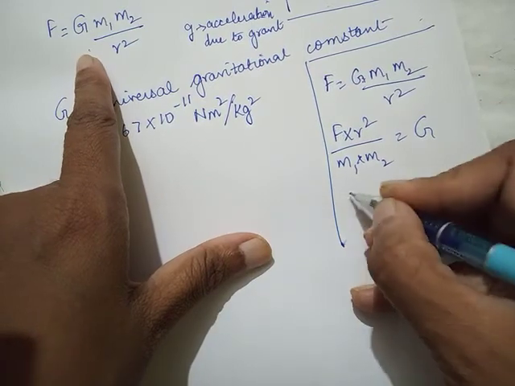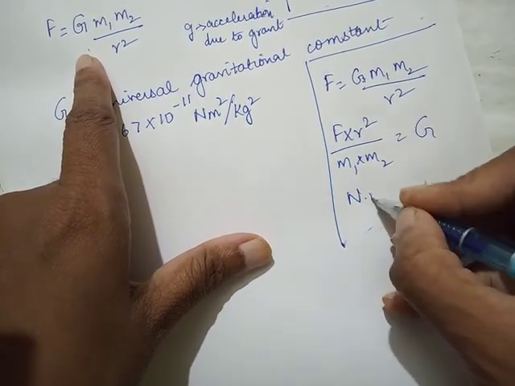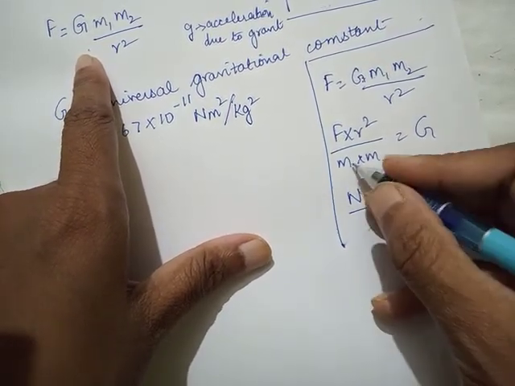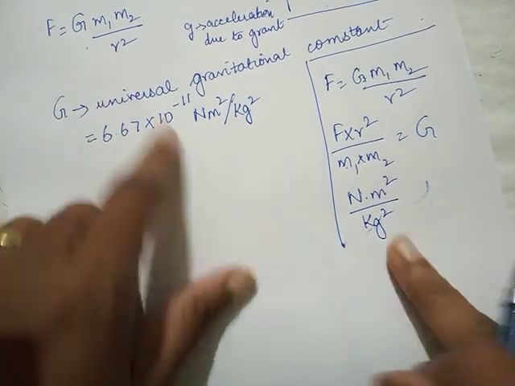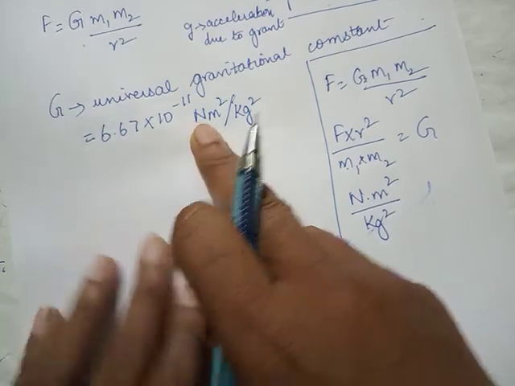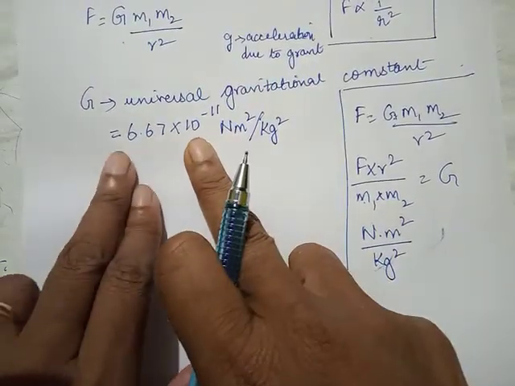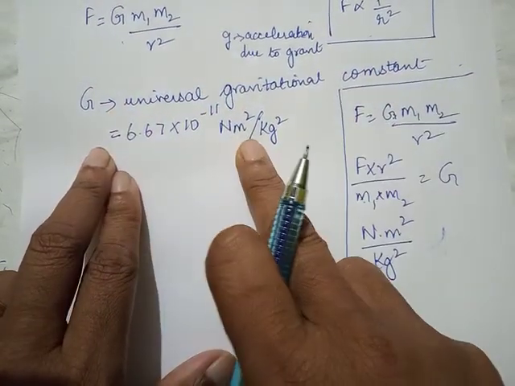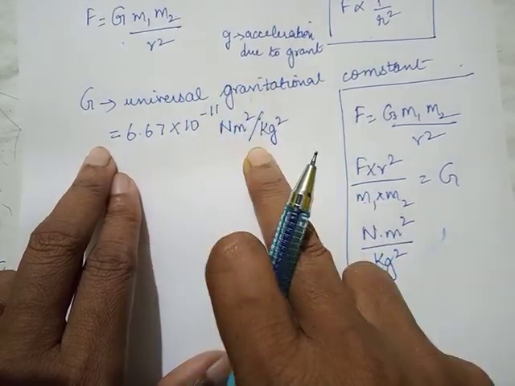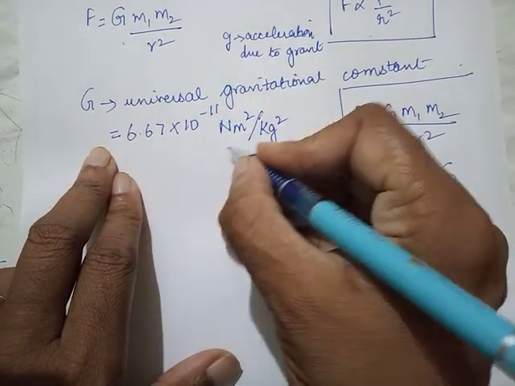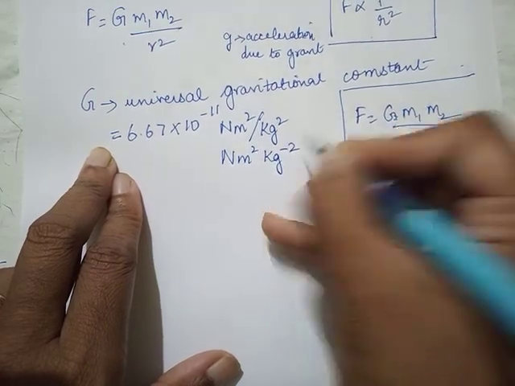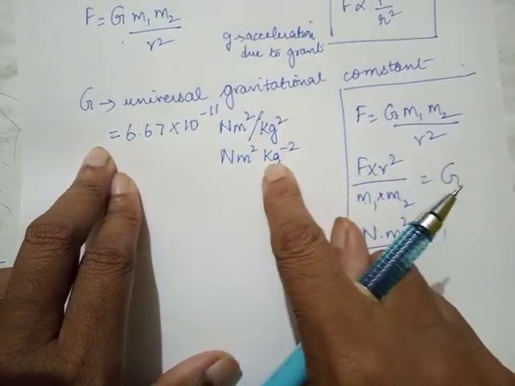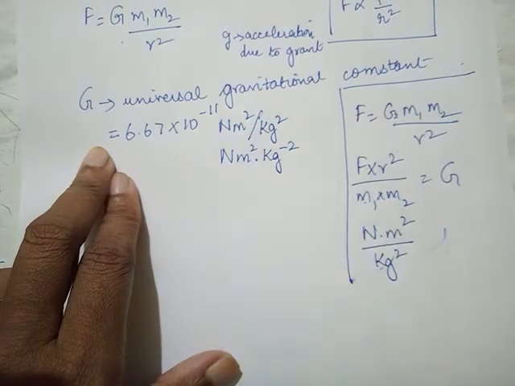Unit of F is Newton, r square is meter square, upon kg square, since mass into mass is kg square. That's how I get the unit of universal gravitational constant as Newton meter square per kg square. In your book it is written as N m square kg minus 2. Either you write upon kg square or into kg minus 2.